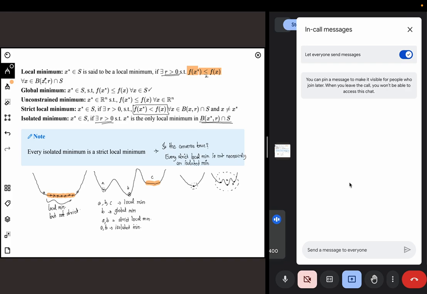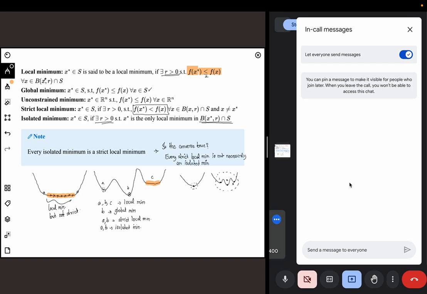And out of these three, can I call any of them to be strict local minima? Yes, right?